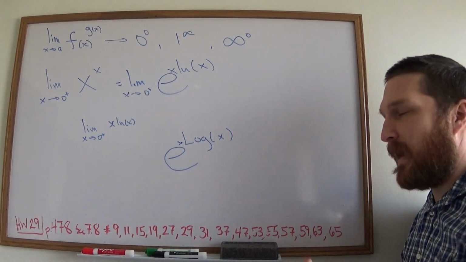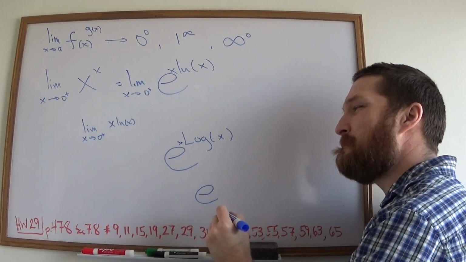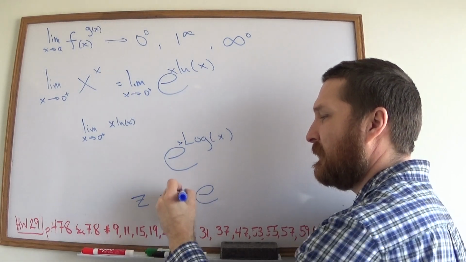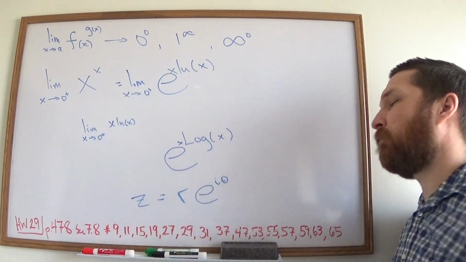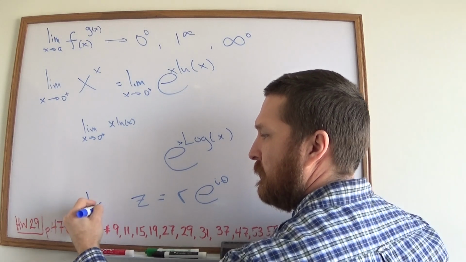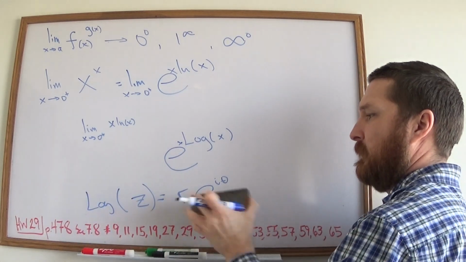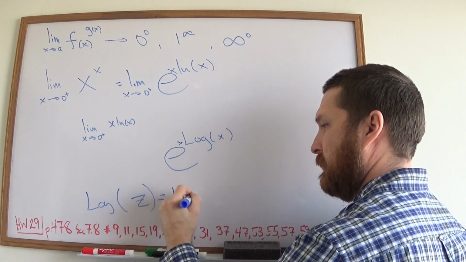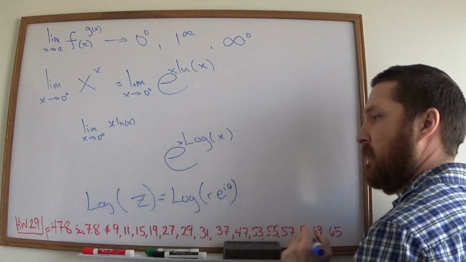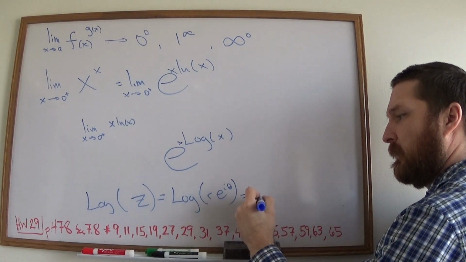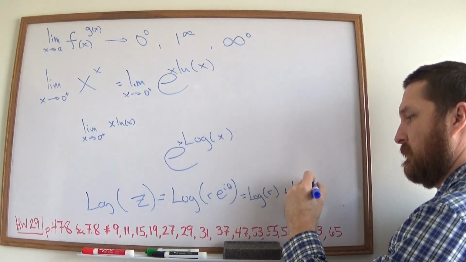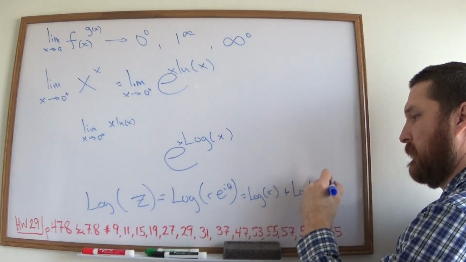Remember that every complex number z can be written as r e to the i theta. Then you can take out the log. Complex log has the same properties as real log, and you can drop down the i theta.